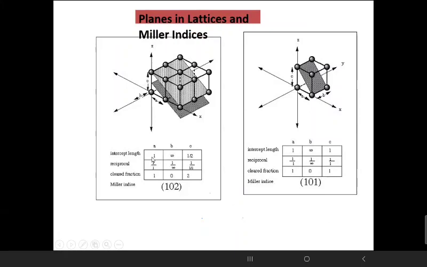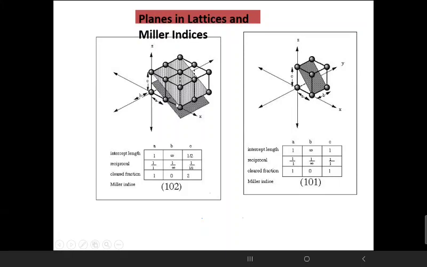Here, if you consider the large unit cell or a small unit cell, the intercept at A is 1. At B, it does not cut at any point, so that is infinity, and C is half. If this is 1, this should be half.